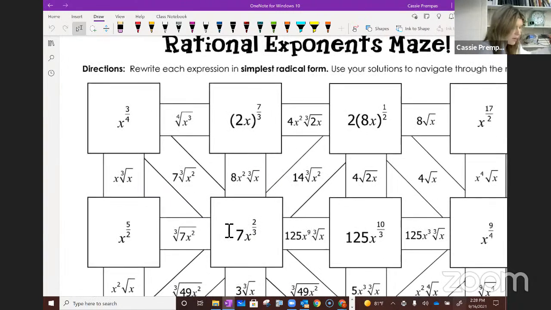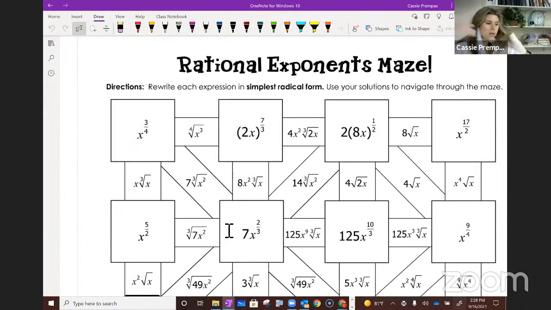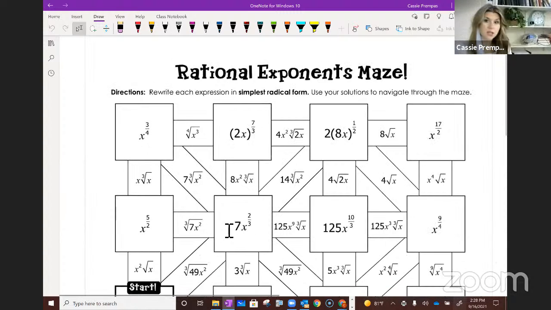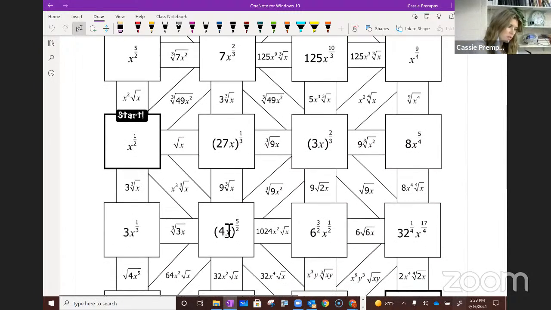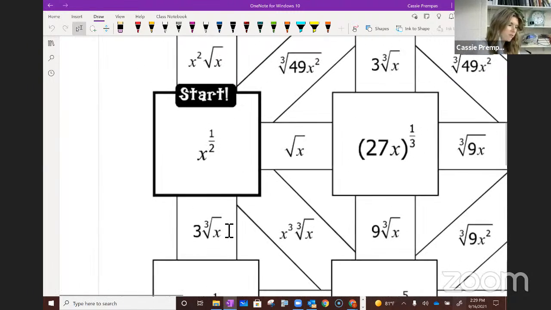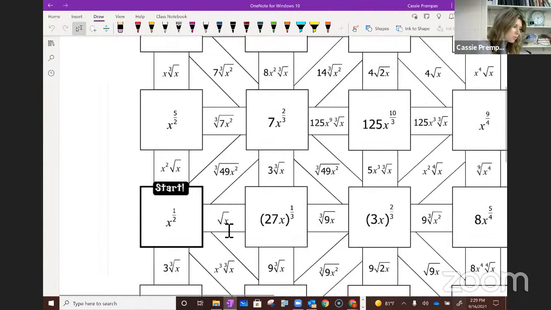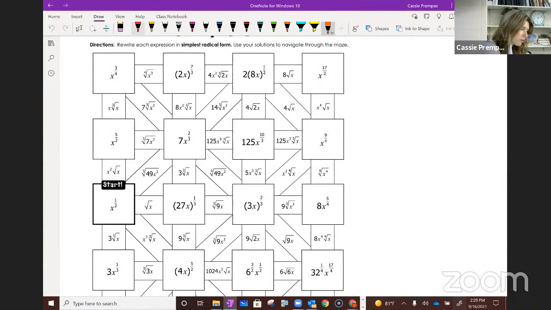All right, guys, let me show you how this works. So the directions are: rewrite each expression in simplest radical form. Use your solutions to navigate through the maze. So you're going to start with this first piece. In fact, you might want to write these rules off to the side because they're important to remember. If you have a fractional exponent, there are two ways you can simplify it.